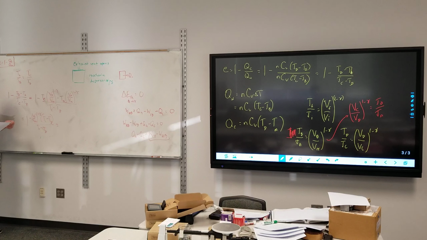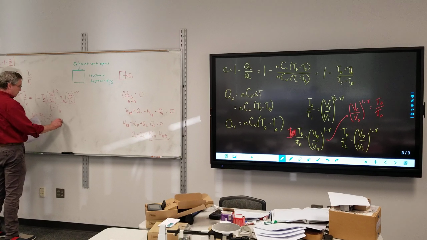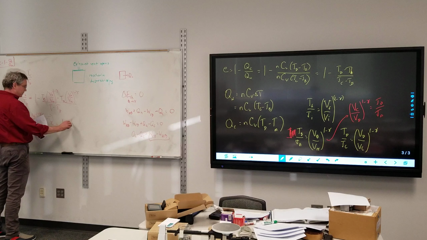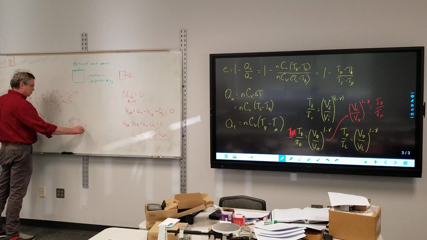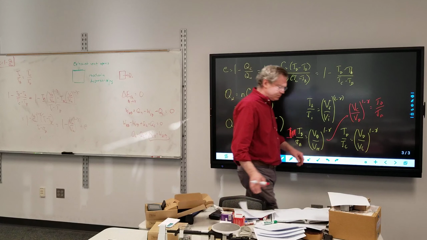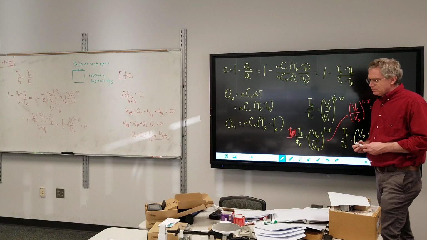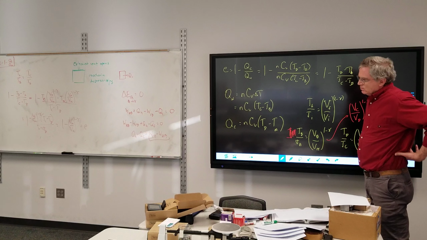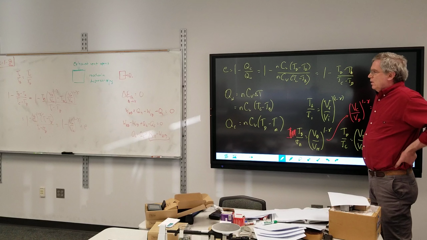And that reduces down to the efficiency of the Otto cycle, 1 minus Vx over Vn to the 1 minus gamma. All right, so all of that to come up with a new efficiency.